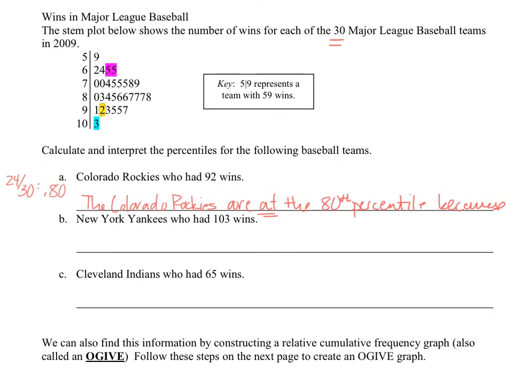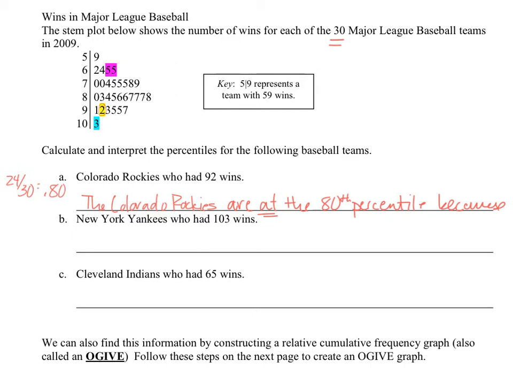Let's talk about the New York Yankees. They are the top team in the league. And a lot of times for the top team, people want to say they're at the 100th percentile, right? You are the top person. But if you think about what being at the 100th percentile means, it actually isn't possible.